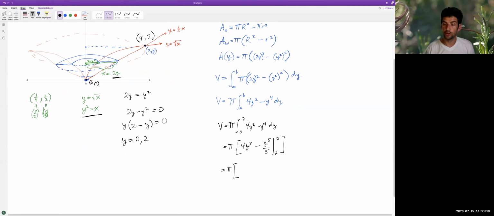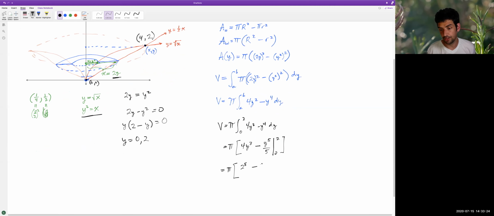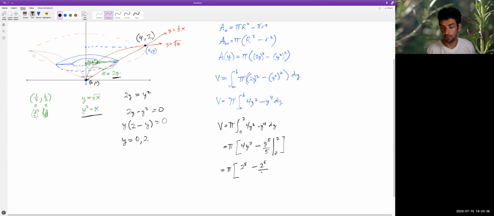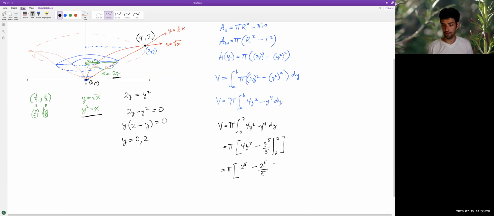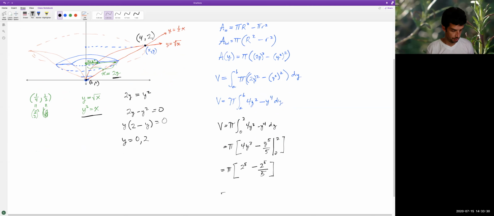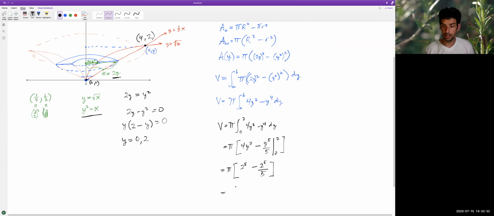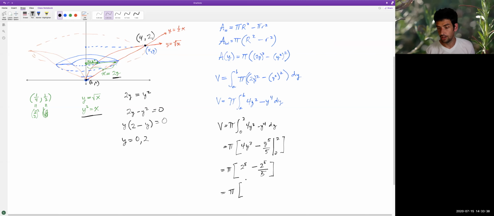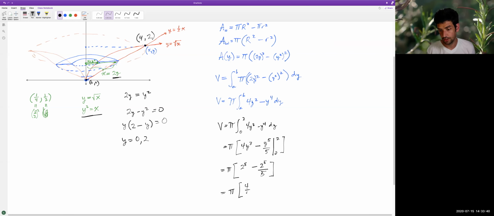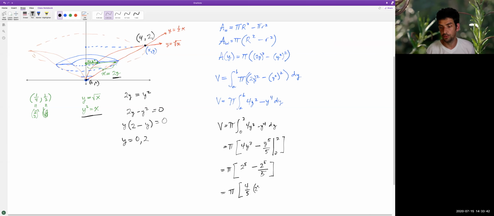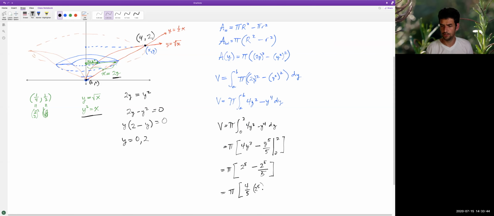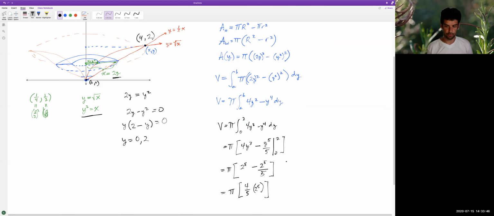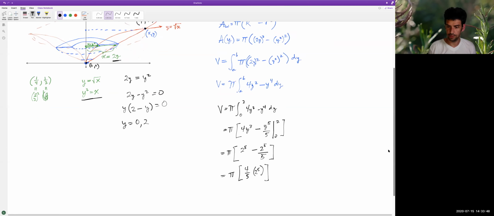I've got 4 times 2 cubed, so that's 2 to the 5th minus 2 to the 5th over 5.